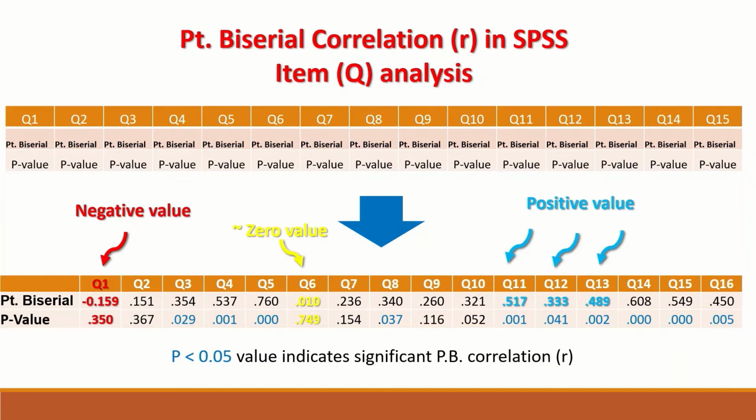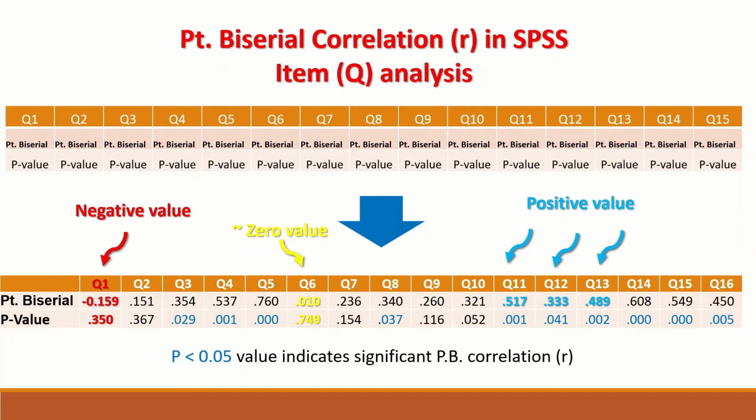In the red labeled scores, for question number 1, the value is negative and not significant because the p-value is greater than 0.05. This question indicates that higher performing students are answering it wrongly and low performing students are answering it correctly.